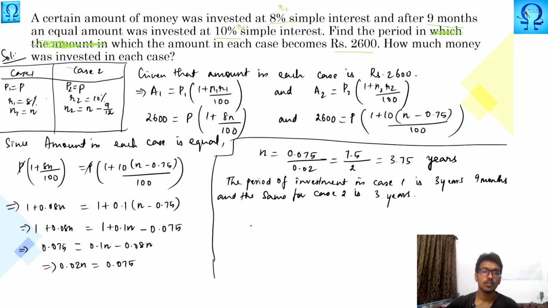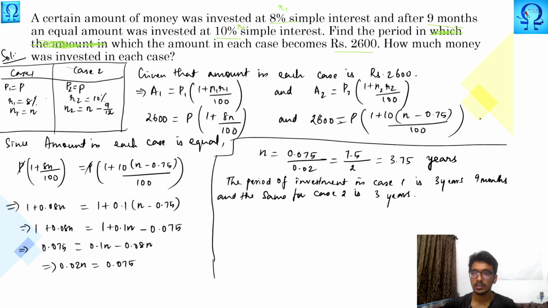Now we have to find out the money invested in each case. For that, let us try and substitute in this itself. It is your wish, you may go with this or with this. Here I think it would be better to substitute, because here n is 3 years 9 months and here n is simply 3 years. So let us go by that.